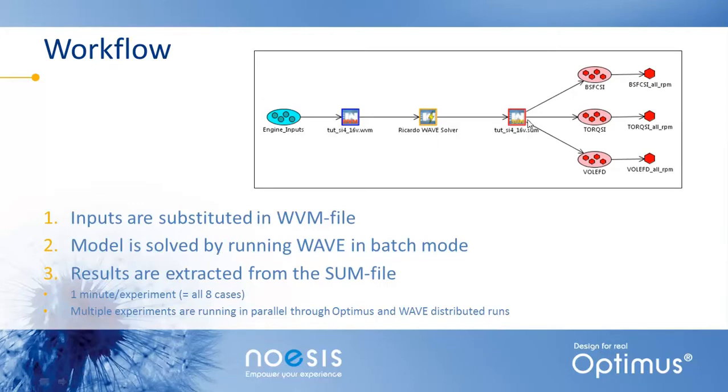In this case, from the sum file, I will extract my fuel consumption results, my torque results, and my volumetric efficiency results. Running this entire workflow one time takes about 1 minute, and in this 1 minute, WAVE is running each of the 8 different cases. Thanks to the integration of WAVE distributed runs with Optimus Parallel, you can run multiple experiments simultaneously on multiple CPUs.